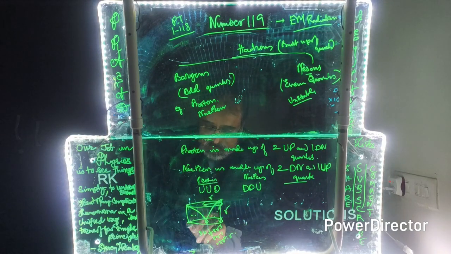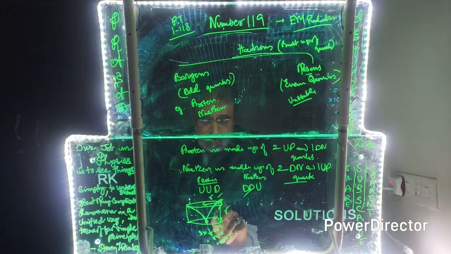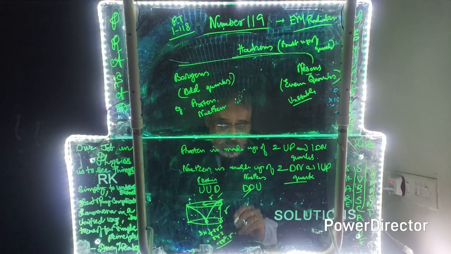So this cylinder can be thought of as three quarks. So protons and neutrons, the baryons, could be in the shape of this cylinder. So that is one fundamental particle.